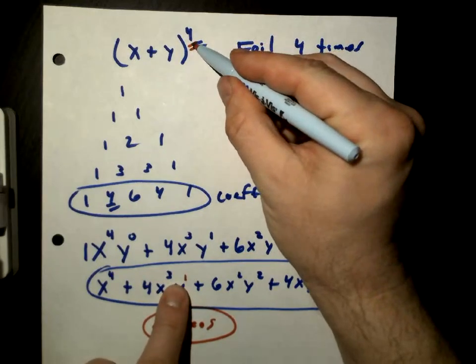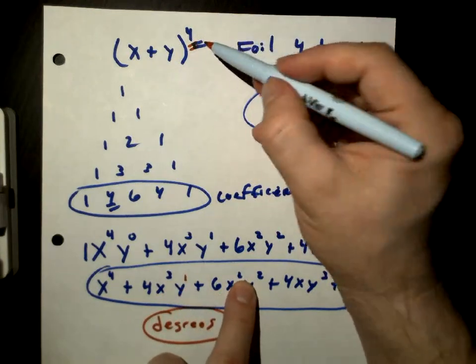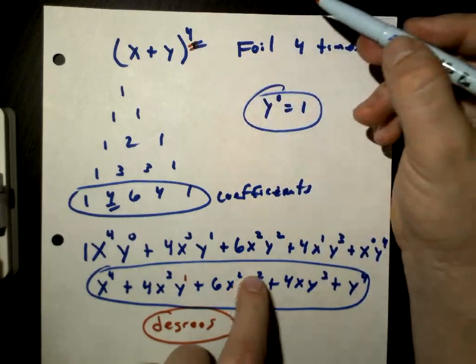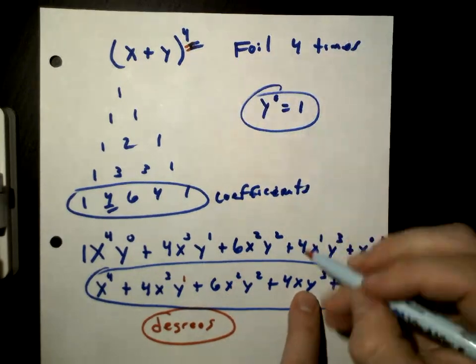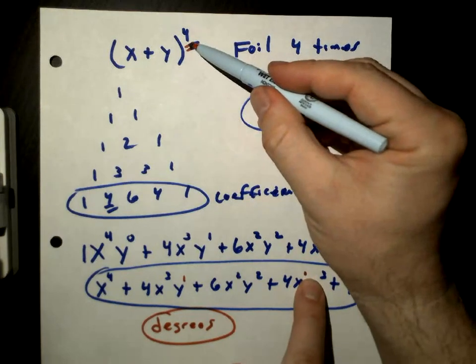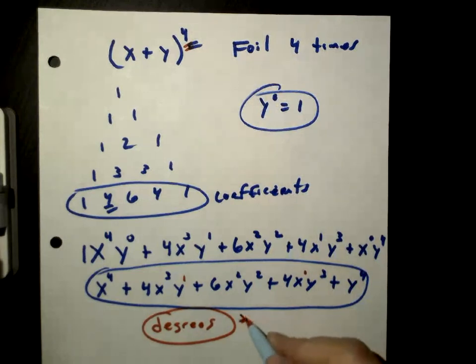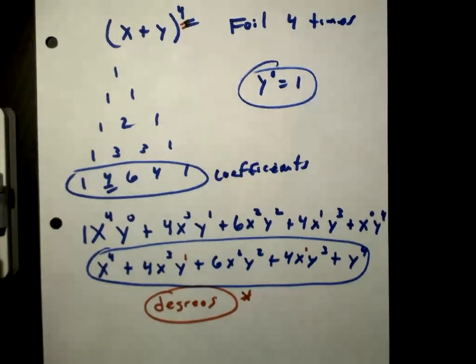Don't you get 4? What if you add these? Don't you get 4? Add the two exponents and you get 4. Do you see that? So that's another characteristic out of this. That's what makes it kind of fun.